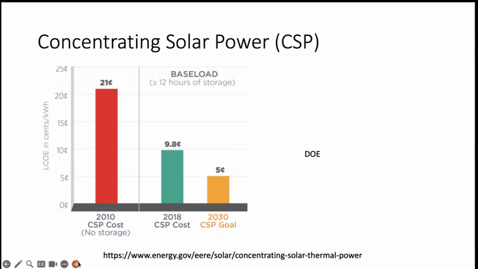But the challenge for CSP is, right now, the levelized cost of energy is 21 cents per kilowatt hour, which is much higher than it should have been, and so you have to bring this down to compete with photovoltaics, which are much cheaper than this. So 2018, it was 10 cents a kilowatt hour. The goal is to get to 5 cents a kilowatt hour.